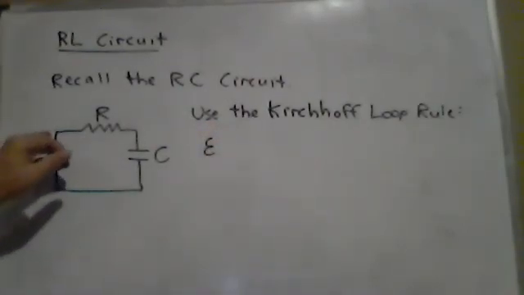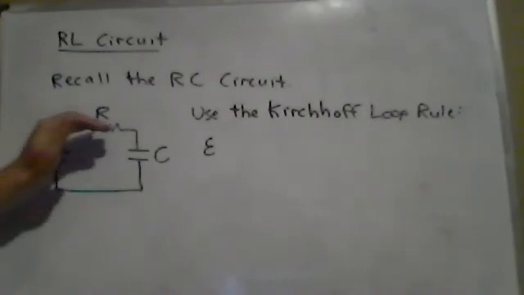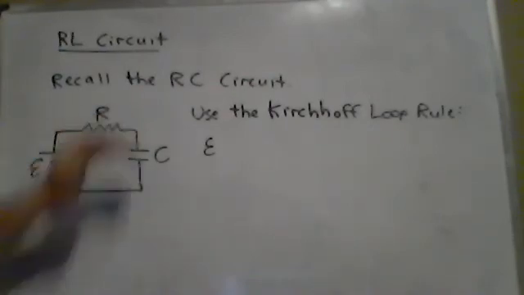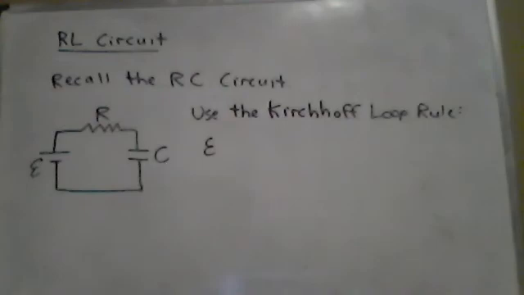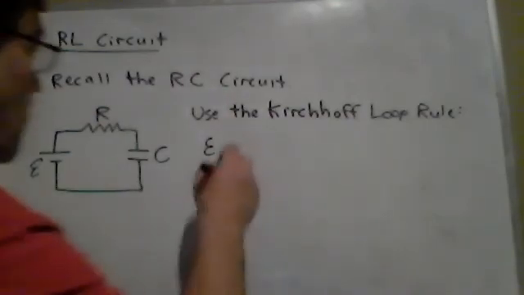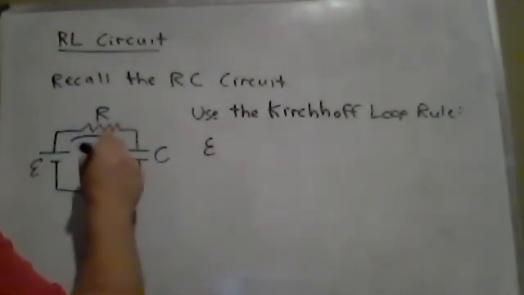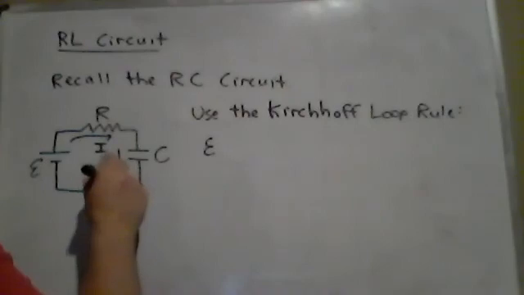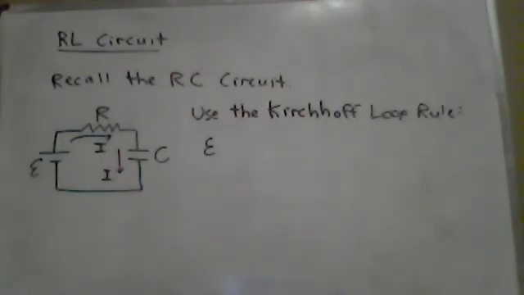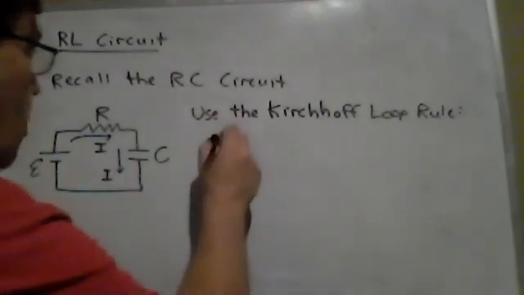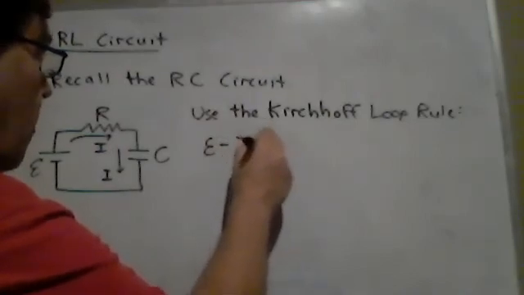Then I walk the loop and I encounter the resistor. That's a voltage drop. What's the voltage rule for a resistor? Oh, that's right, it's Ohm's law, IR. This resistor and capacitor are in series, so I'll have a current I, and a drop of minus IR.